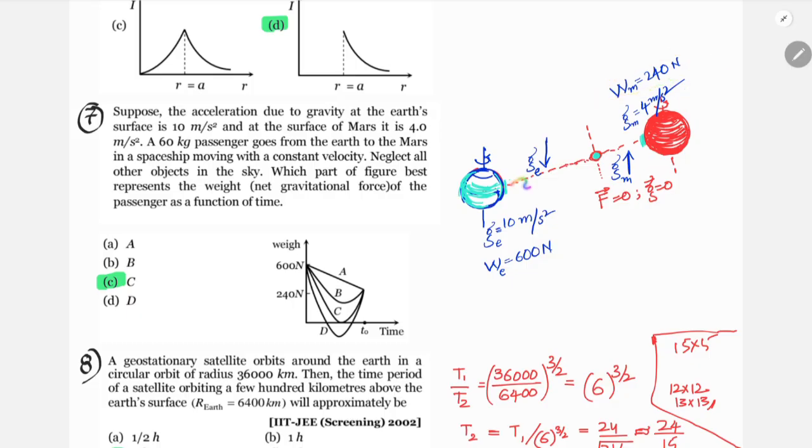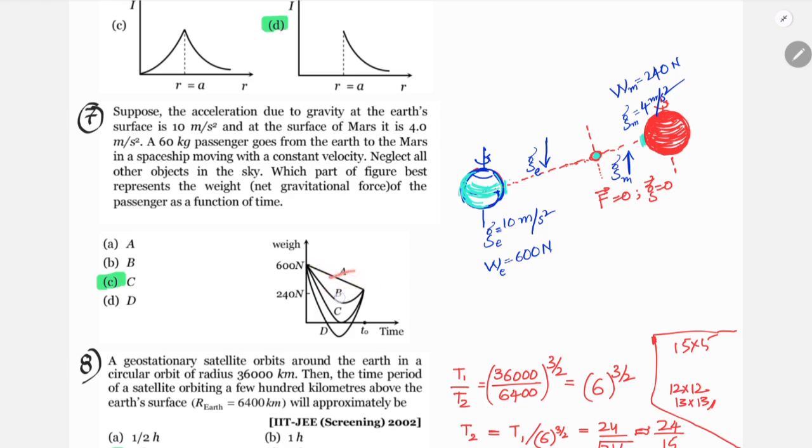But while he is moving from Earth to Mars, what is happening? Initially he started at an acceleration due to gravity of 10. Slowly when the height increases, the g value decreases, so the weight must decrease. We already know the neutral point found somewhere in between two massive bodies, where the gravitational field is always 0. When we reach that point, the total weight is 0.